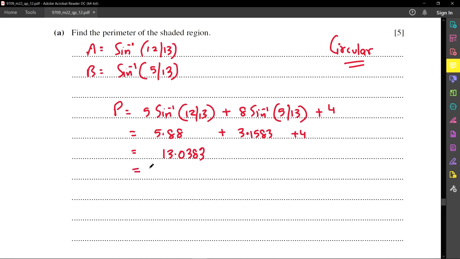Rounding to three significant figures, it will be 13.0. So that's how you work out this part.